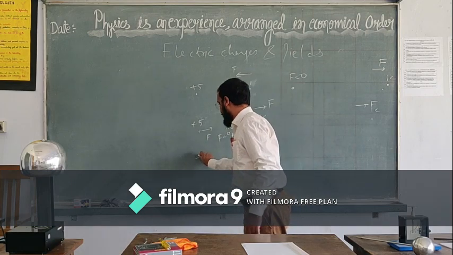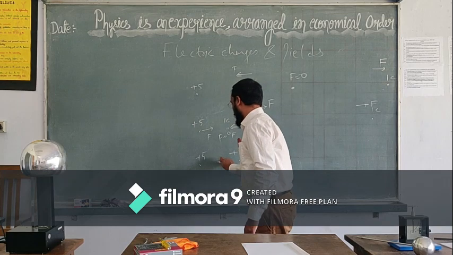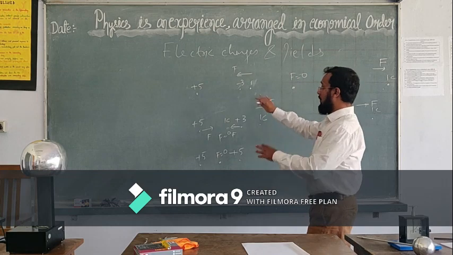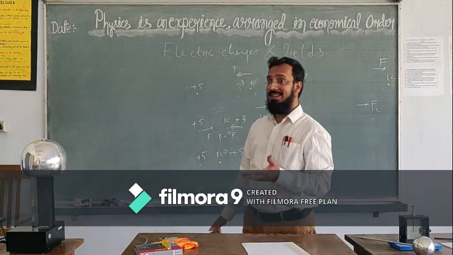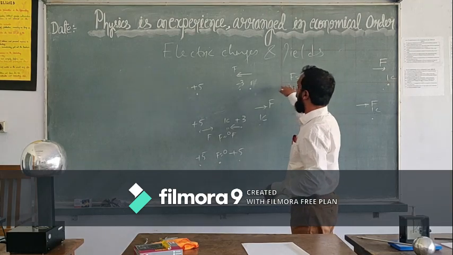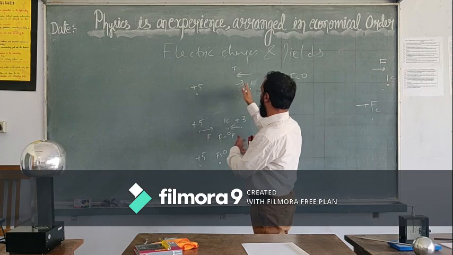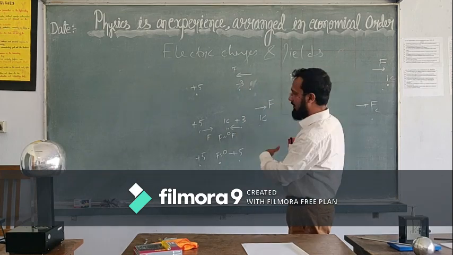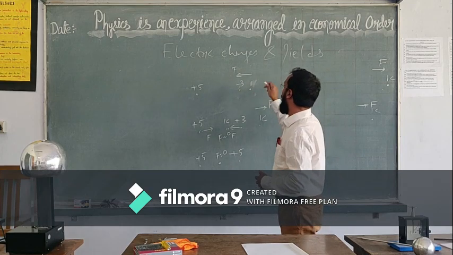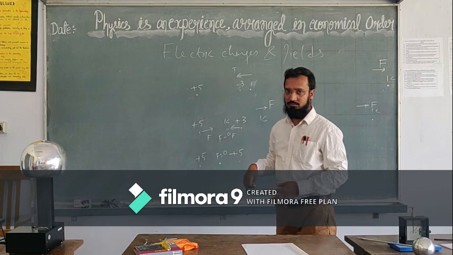If both the charges are of same value, then it's very clear that the force will be 0 exactly in the middle. So what we learn from here is that the net force becomes 0 at a point which is, if the charges are unlike charges, then it will be 0 outside and not in between them, and outside also it will be near to the smaller charge value.